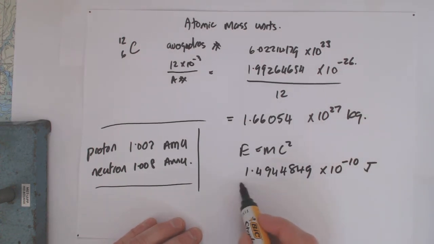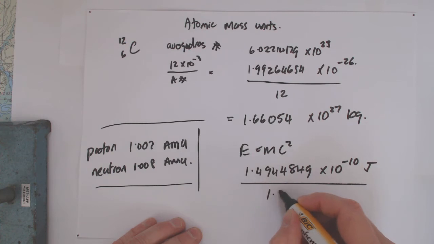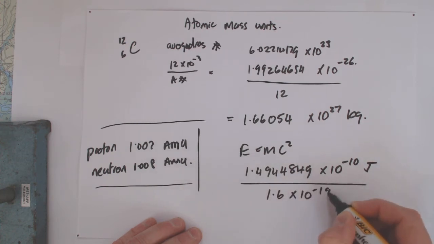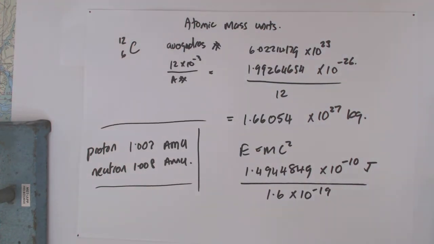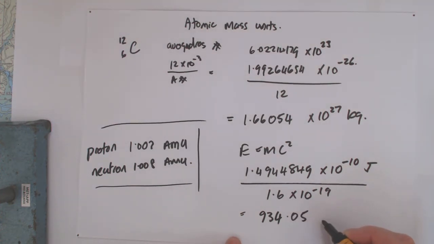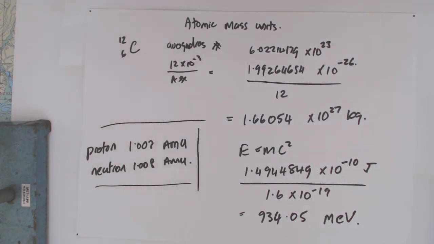And I want to convert that into electron volts, so I will divide by the charge on an electron. And I get 934.05, and that is mega electron volts.